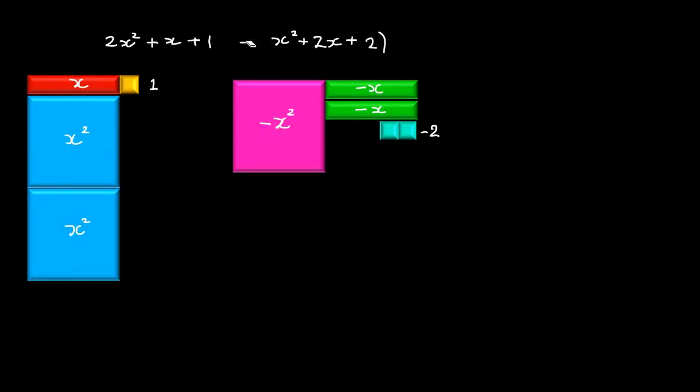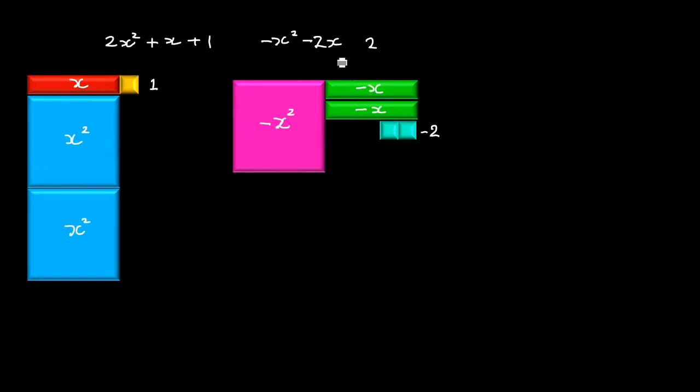What we've said is that the negative is going to make everything in there change its sign. So -1 times x squared is -x squared.